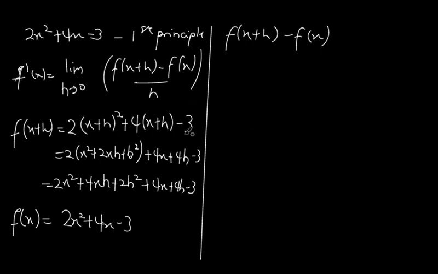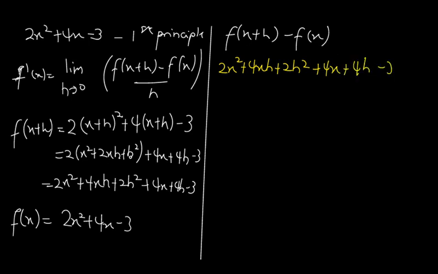So in place of everything over here, which is for the x plus h, you'll be writing 2x squared plus 4xh plus 2h squared plus 4x plus 4h minus 3.